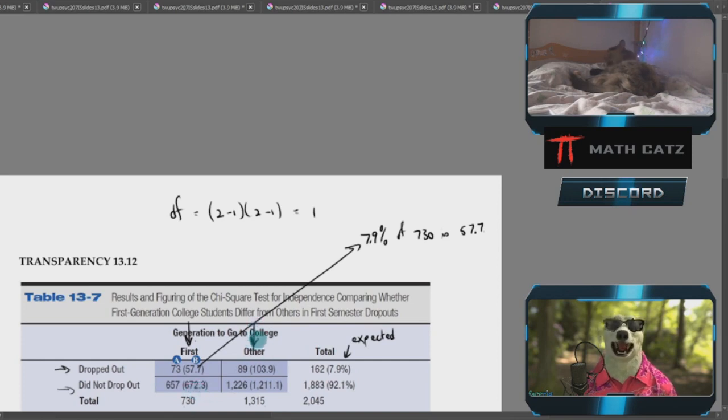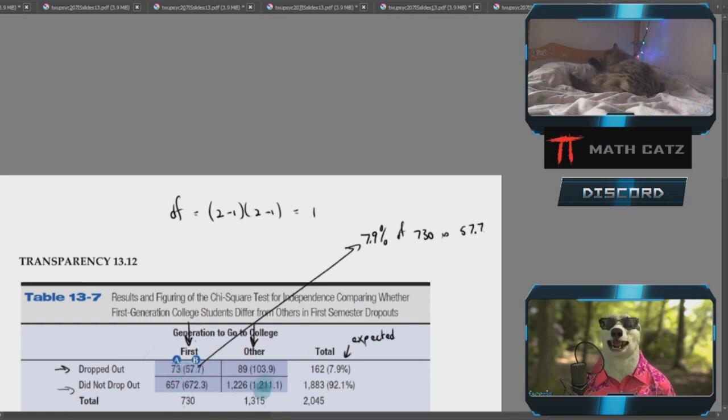Then I go to the other column, and I do the same thing. If under the null hypothesis the column doesn't matter, I expect 7.9% and 92.1% in every column. So I calculate the numbers I expect.